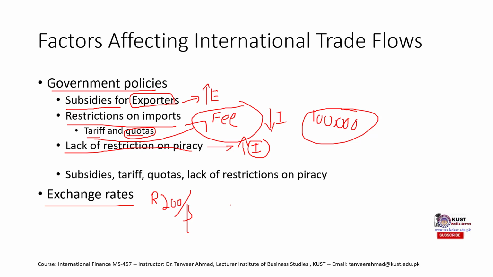Now, in that case, goods imported by that country become more expensive to the importing country. As a consequence, the demand for such goods will decrease. So by way of changing the exchange rate, what the government can do is affect the trade, the exports and imports.